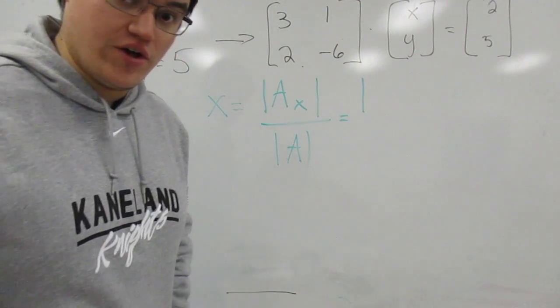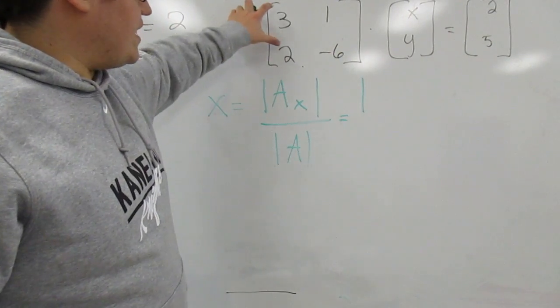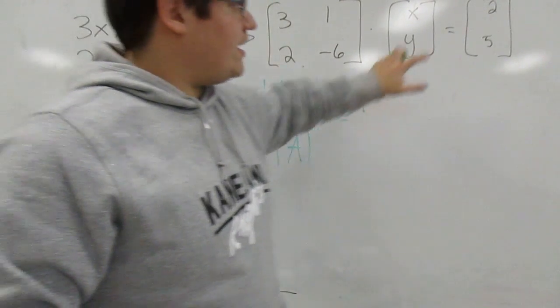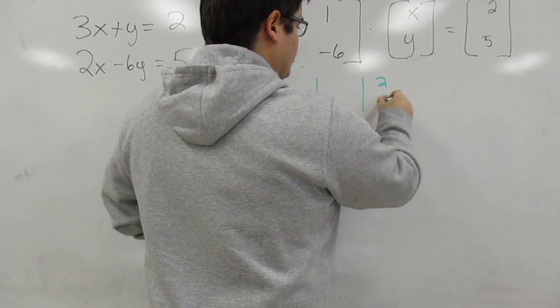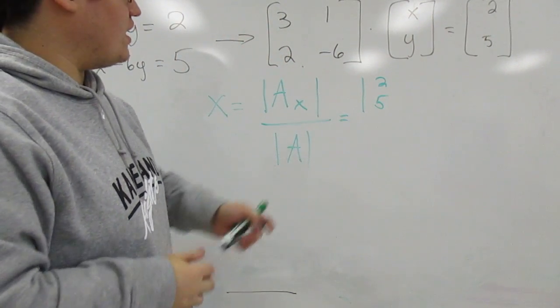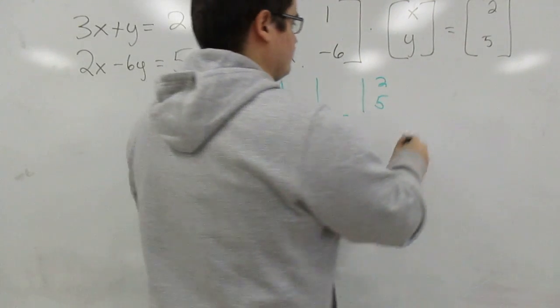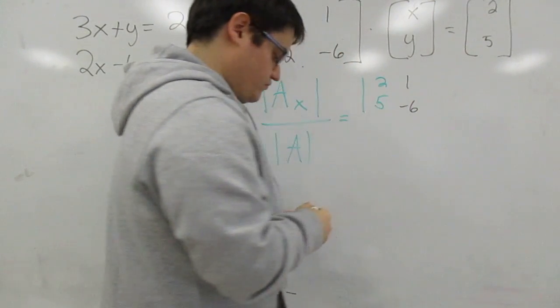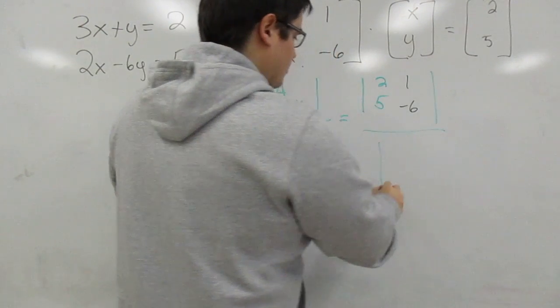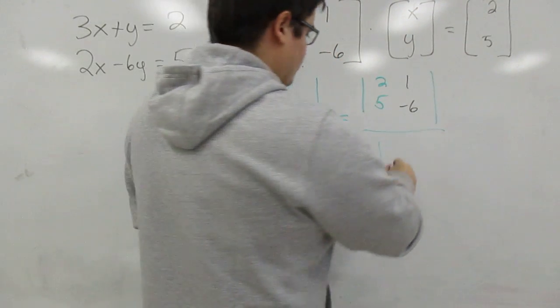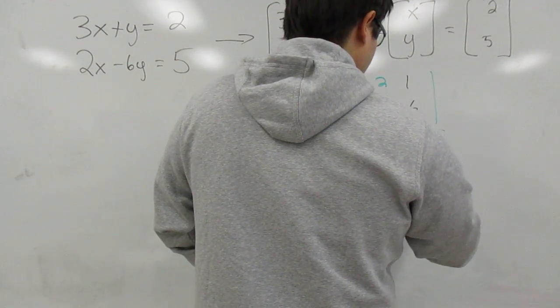Remember, it's not absolute value; it's determinant. We're going to take our x column here and replace it with our answer column. So we have 2 and 5. And then our y column stays the same. And that's going to be all over our original determinant 3, 2, 1, negative 6.